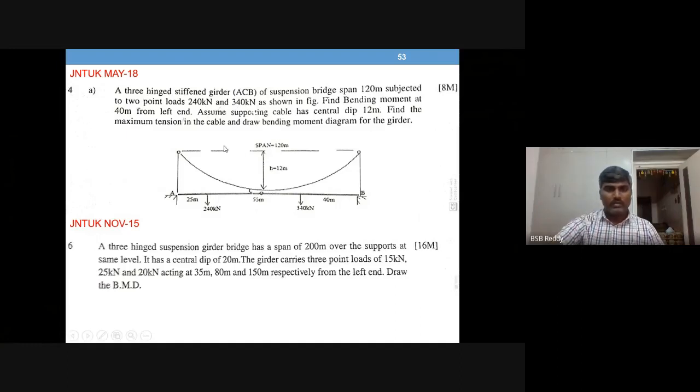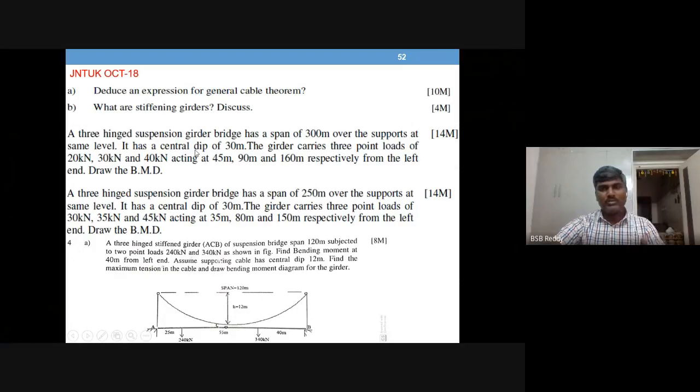These are all the problems that appeared in JNTUK in previous years. All are of very similar type, so I'll take one of the examples, October 18. You will see the span 120 meters and the sag 12 meters.